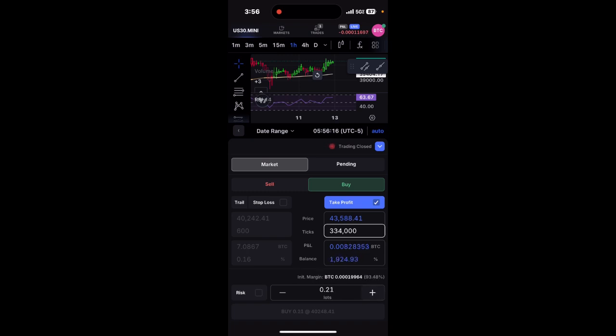And like I said with the USD, you could just slowly scale this up until you get to $1. And once you get to $1, then probably you can get away with doing it with the regular US30. When you get to $1, that's basically the same value as doing 0.01 with the regular USD.